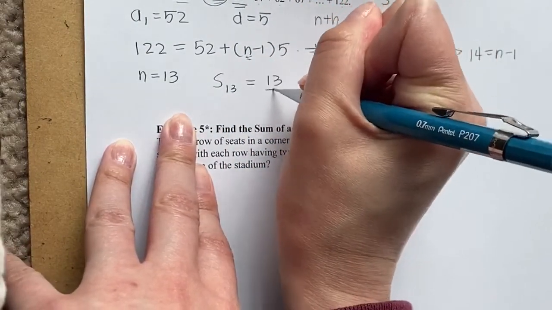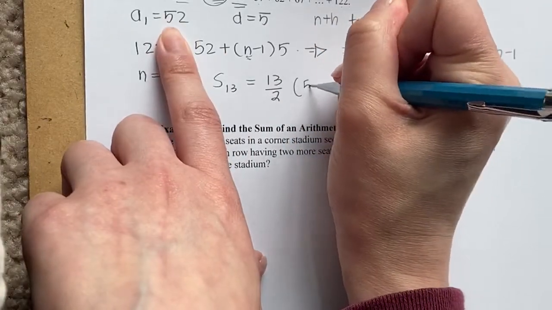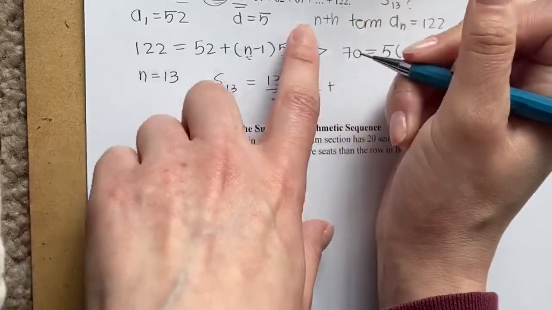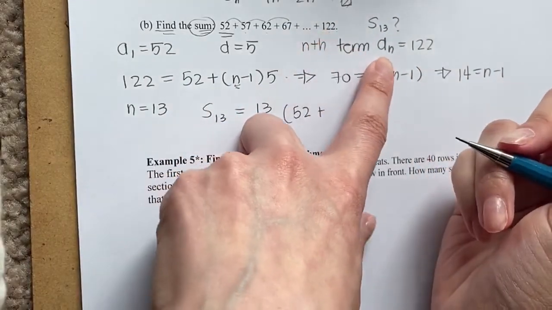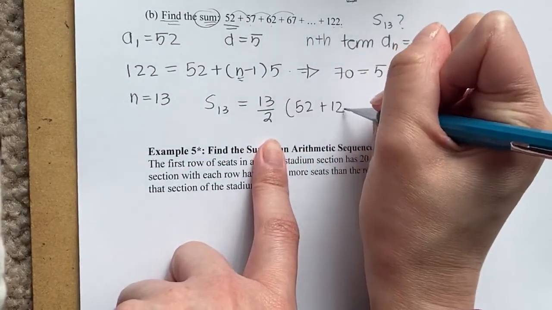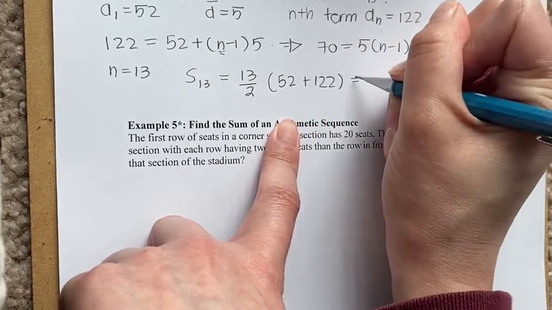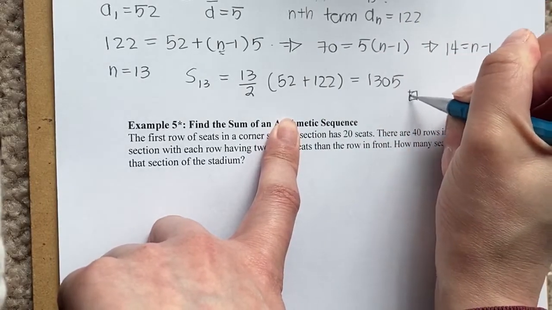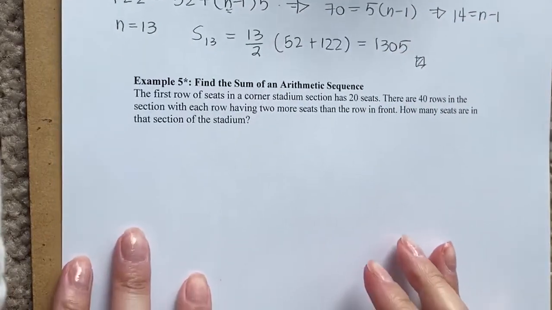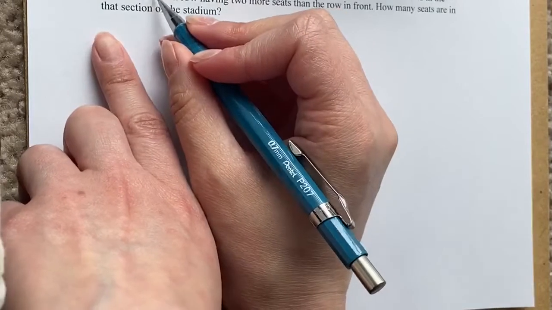Your n in this situation is 13, divided by 2, times a1, which is 52, plus an, which is a13, which is 122. Then you plug this into the calculator and you have that this is 1305, and that's pretty much it. That's your answer.